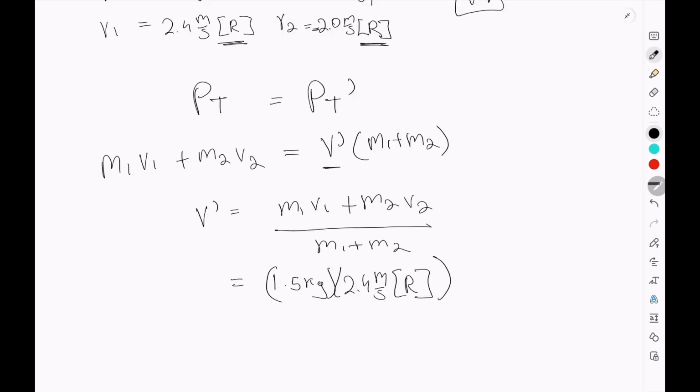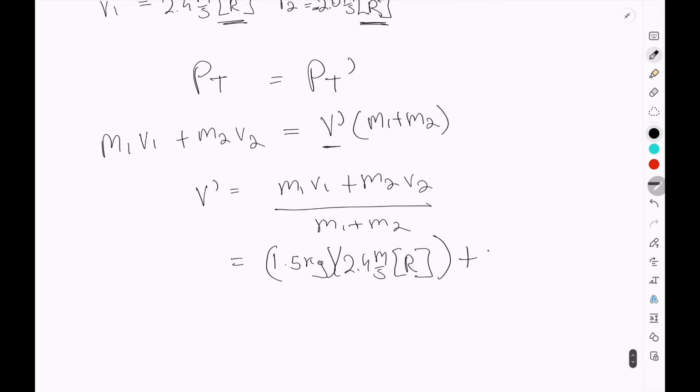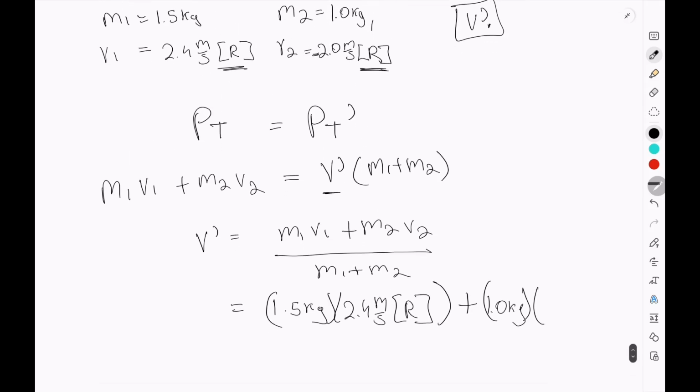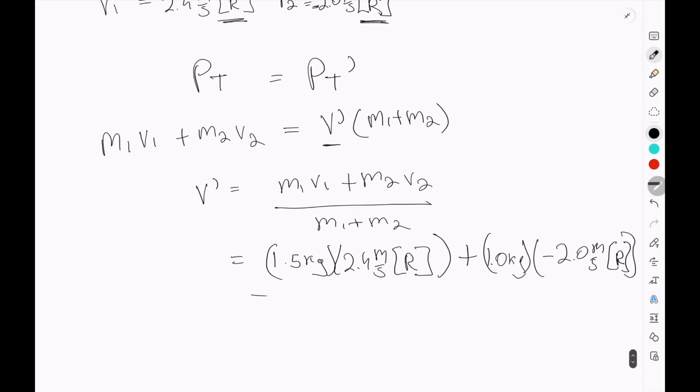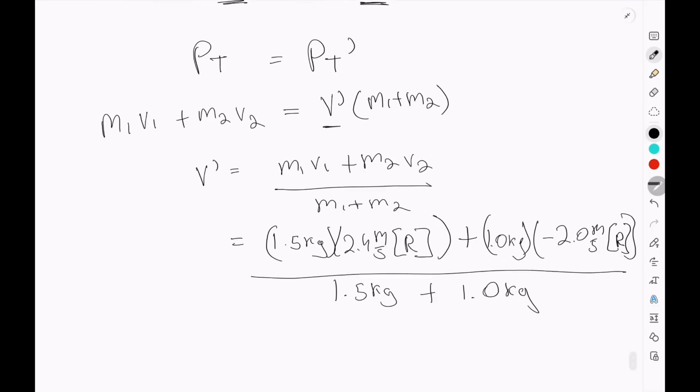Then M2 is 1 kilogram times negative 2.0 meters per second, right? Over M1, which is 1.5 kilograms, plus M2, which is 1.0 kilograms.